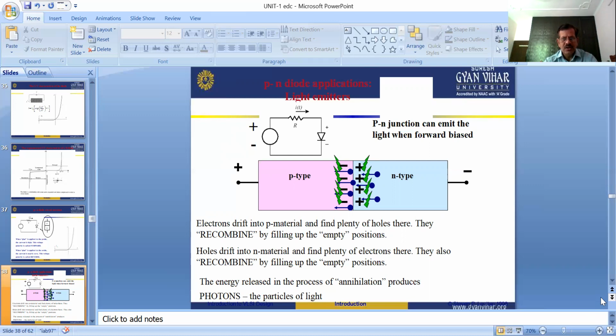They also recombine by filling up the empty positions. The energy released in the process of annihilation produces photons, particles of light. This is the phenomenon that occurs in the light emitting diode.